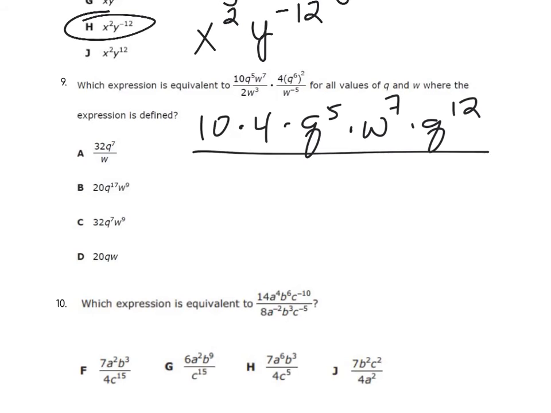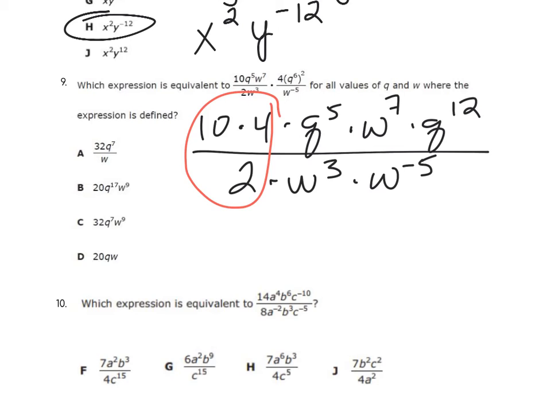And in the denominator, I have 2 times w to the 3rd times w to the -5. So if I just look at this part here, 10 times 4 divided by 2 is 20. So it can't be A, can't be C.